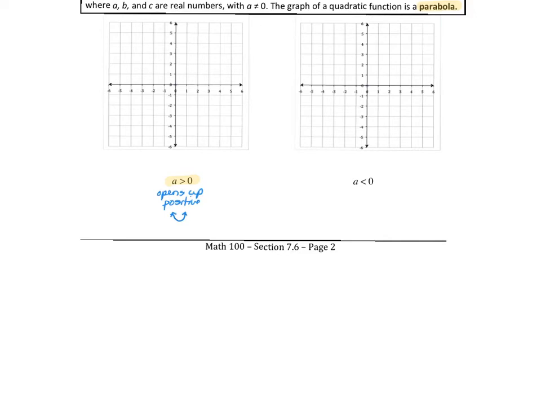opening up graph. So I'm just going to draw a random parabola. Maybe I'll start here at 2, -1, draw some points, and go up from there. So this is just, you could draw it anywhere on that graph.